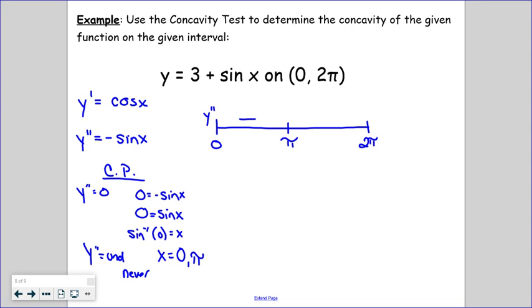And then from pi to 2 pi would be something like 3 pi over 2 or 5 pi over 4, something like that. So in that one, 3 pi over 2, sine is -1, right? Then the negative out front makes it positive.